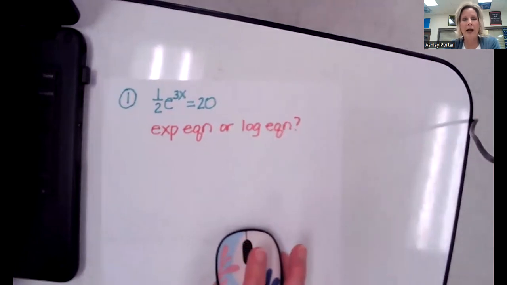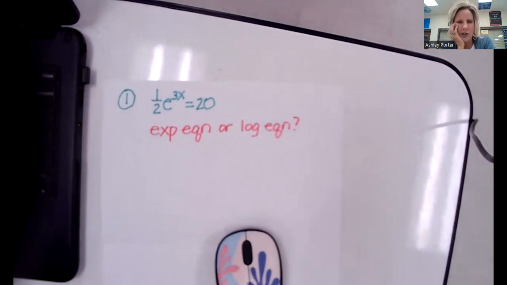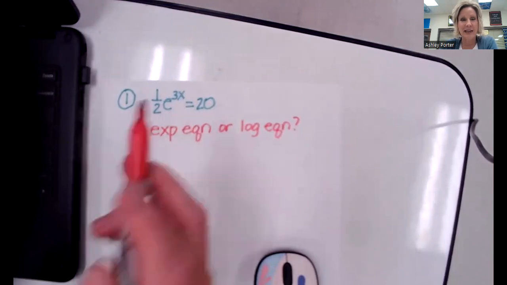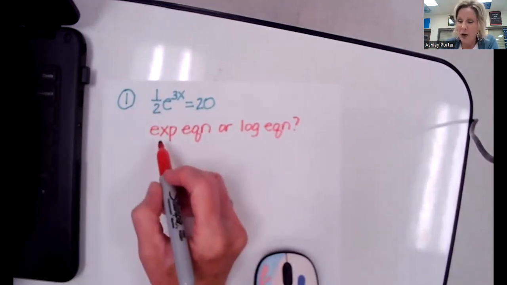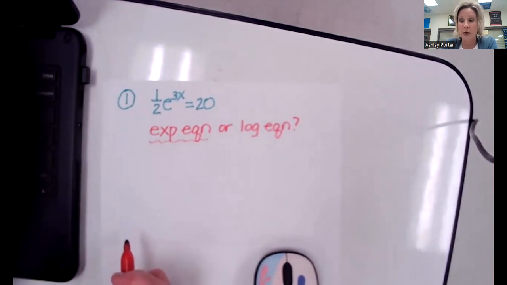Take a moment, write down this first equation. So when we look at this equation, the first question is, is this an exponential equation or is this a logarithmic equation? Well, this one I noticed has x's in the exponent, so that makes it an exponential equation. I can also tell there's no L in the equation.